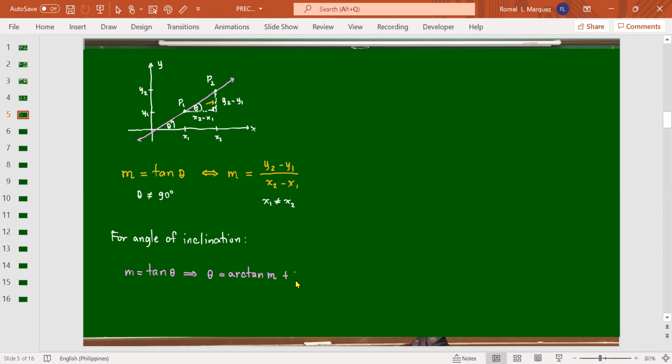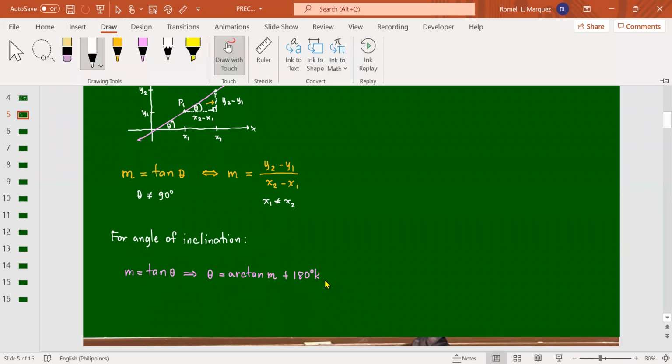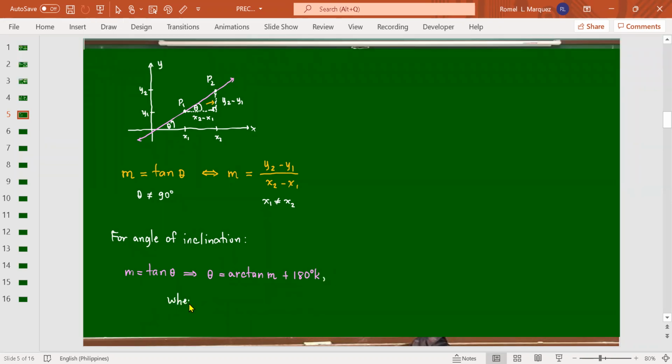But don't forget to add 180 degrees times k, where k here is either 0 if m is greater than 0, and it is 1 if m is negative.